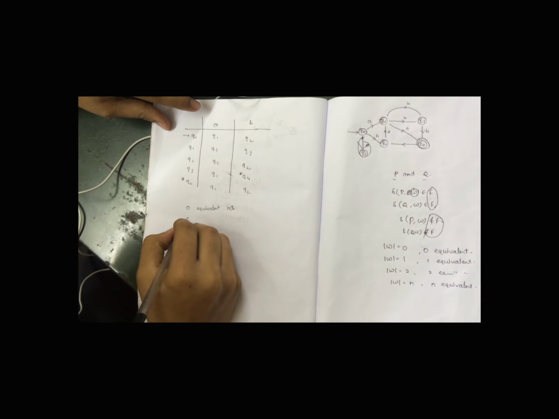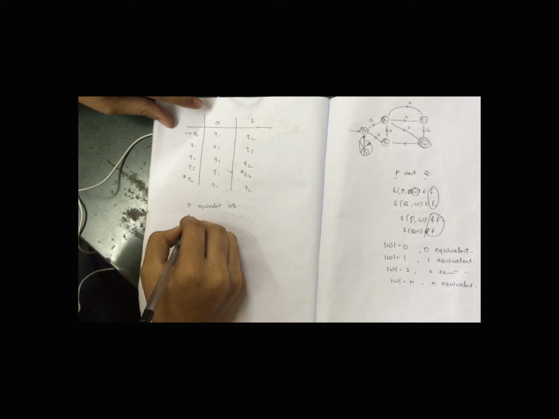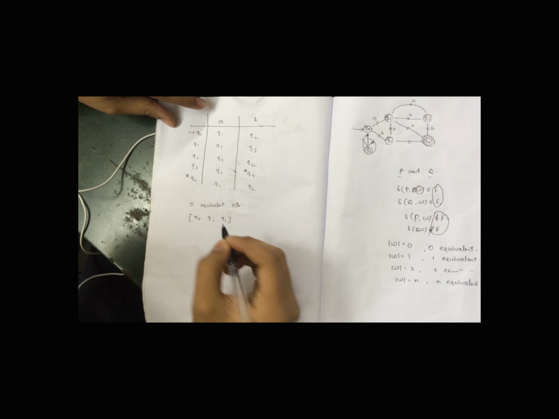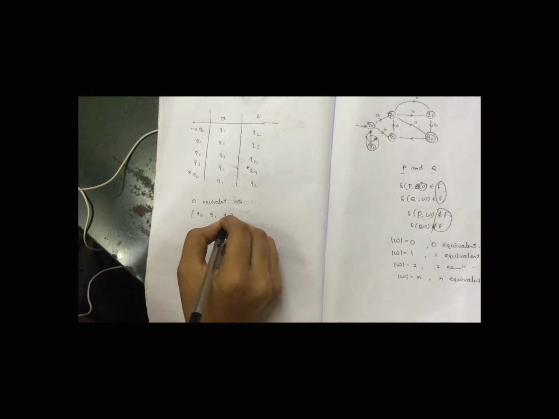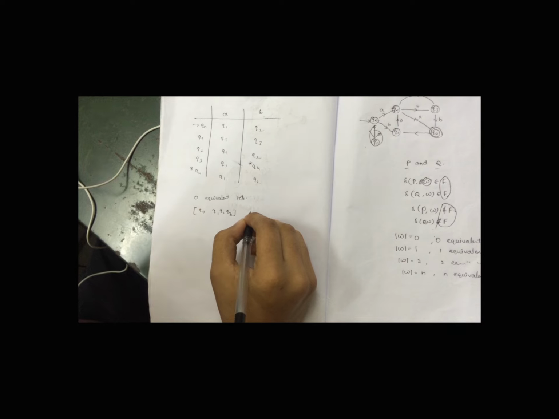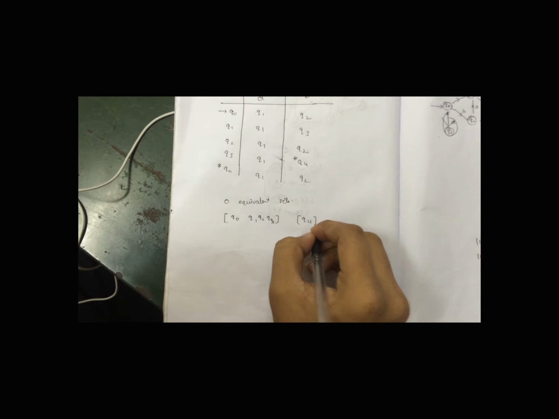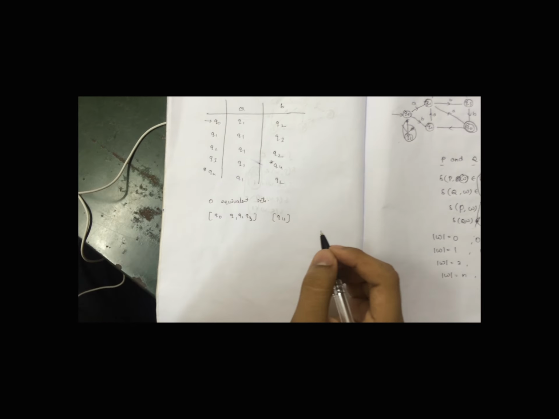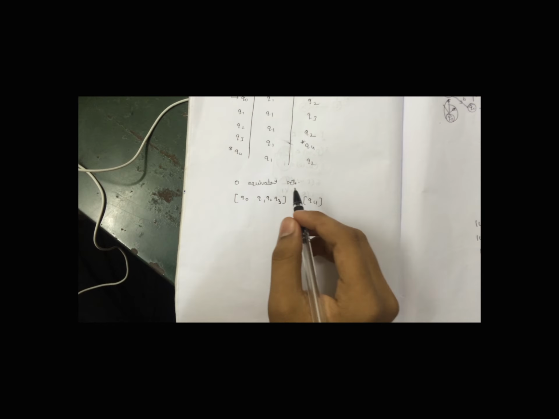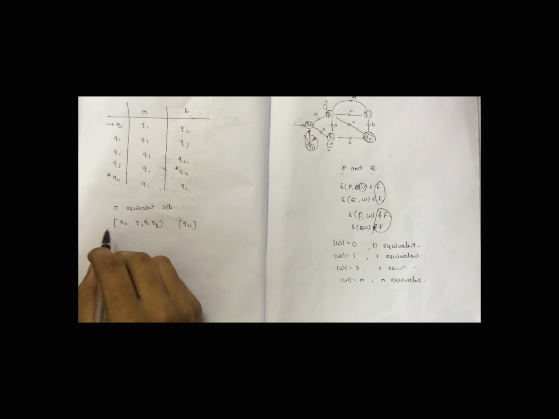The non-final states are Q0, Q1, Q2 and Q3, and the final state is Q4. So this is all about the zero equivalent set.